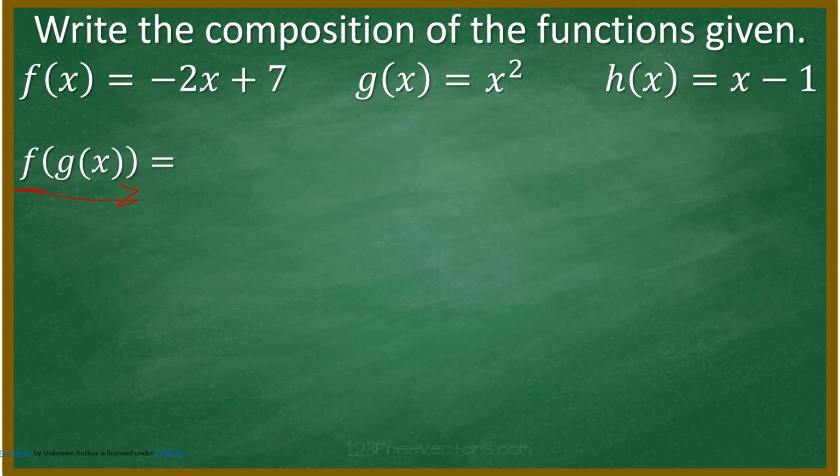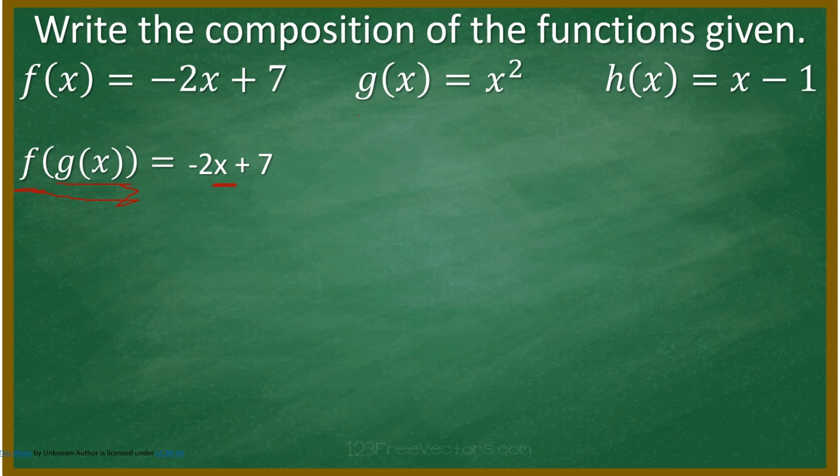We start with the outside function, right? So what is f of x? F of x is negative 2x plus 7. So that becomes the first line of our composition. Now, composing a function means that wherever you have an x, you have to use the next function's value and replace x with it.